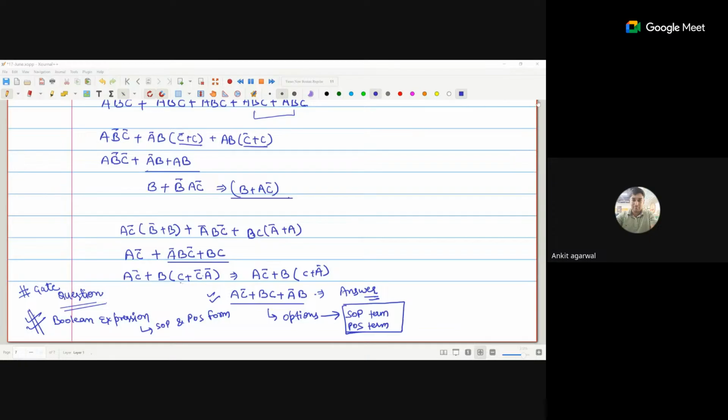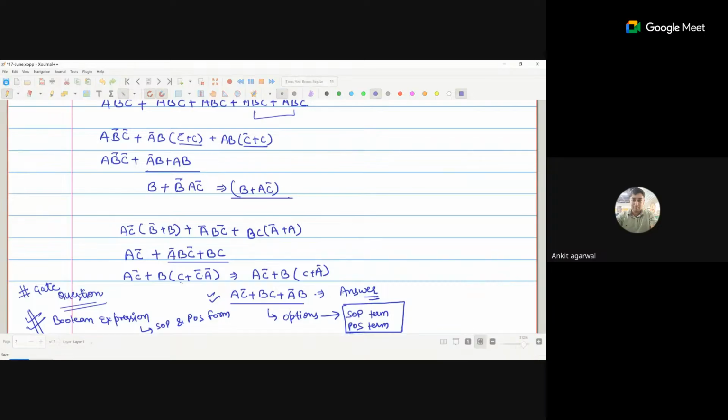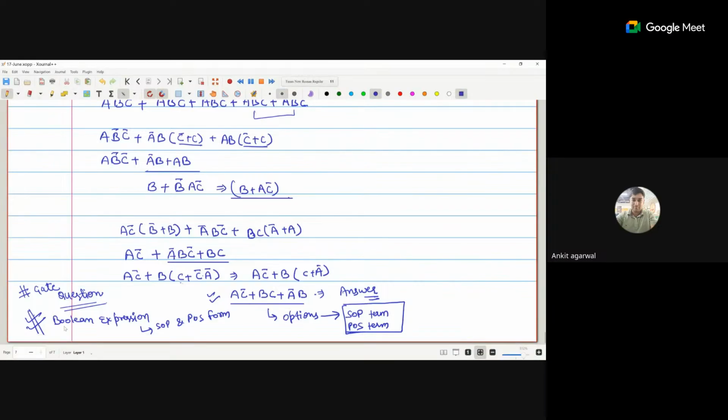Sir, can you provide these notes in GSpace? Okay. Actually, I have saved a few files, so I will share that one. I have not saved all the files, but I have saved some, so I will provide that on the GSpace.